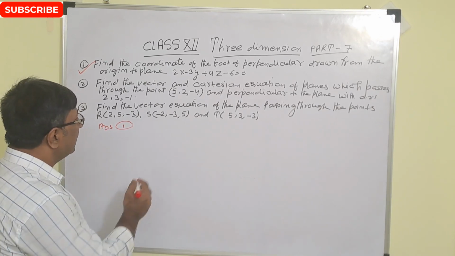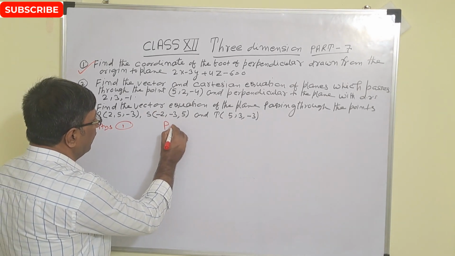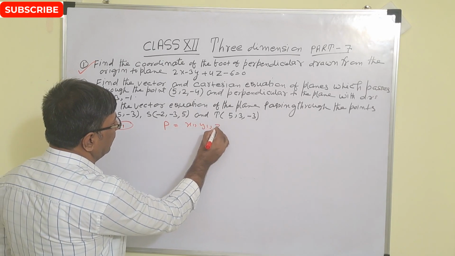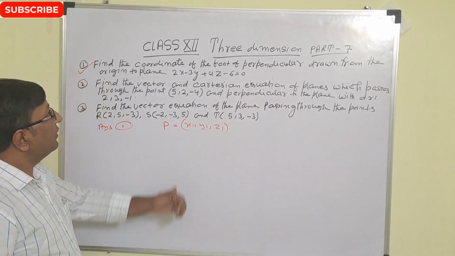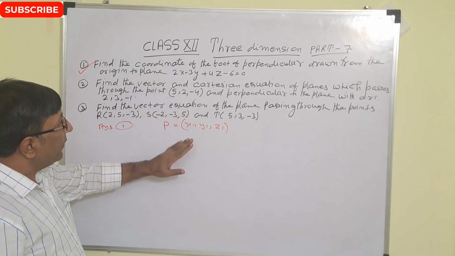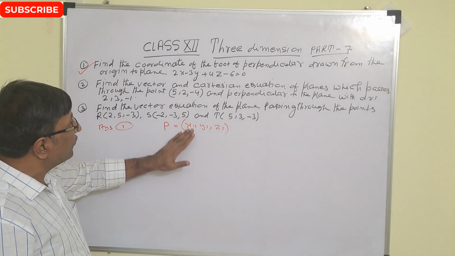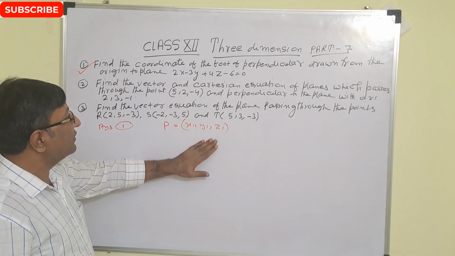Suppose the foot of the perpendicular is the point P, whose coordinates are x1, y1 and z1. Now we have to find these coordinates.